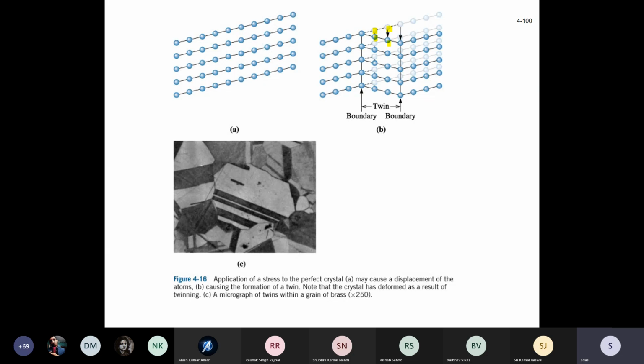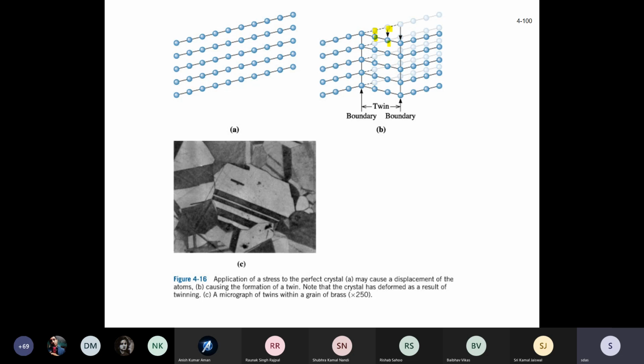Any question? So twinning is never a major mode of plastic deformation. Slip is. So then what does twin do? You see, if the slip planes are not favorably oriented with respect to the applied load direction, the resolved shear stress on the slip plane in the slip direction does not reach the critical resolved shear stress value.